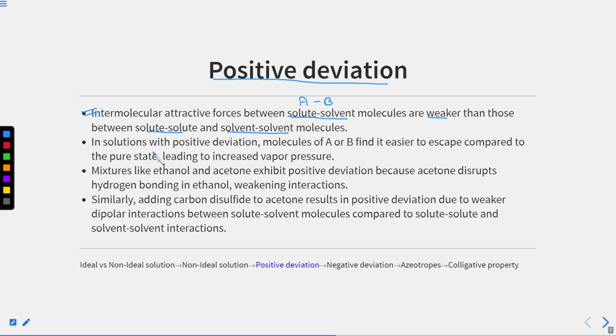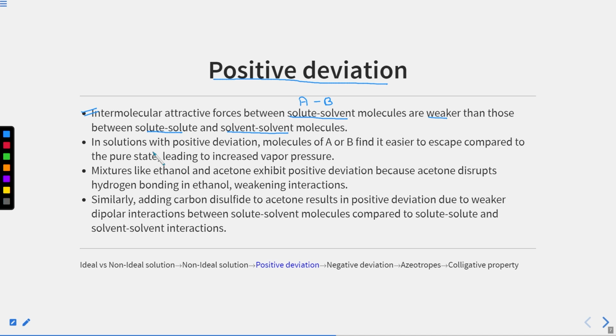If we have to apply heat in case of A to make it go to the vapor phase, that was Q. Now in case of AB, we have to supply less heat because the force of attraction between the particles is less. So it will easily escape the vessel and become a gaseous particle. This will increase the number of gaseous particles above the solution, and hence the vapor pressure of that solution will also increase.